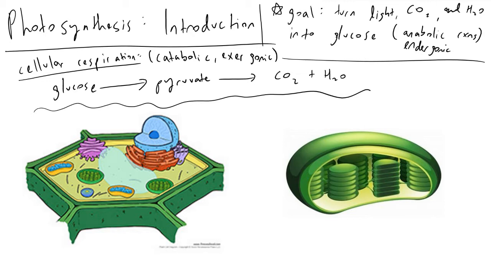And so what I'm going to do in this video is give an introduction to photosynthesis and describe the mechanisms behind it. The first thing to start off with is to take a step back and look at what we know about cellular respiration already. If we want to generate ATP, we need to somehow capture the chemical energy that is present in a glucose molecule, and we do that by performing glycolysis to extract some NADH and generate a few ATPs by substrate level phosphorylation.